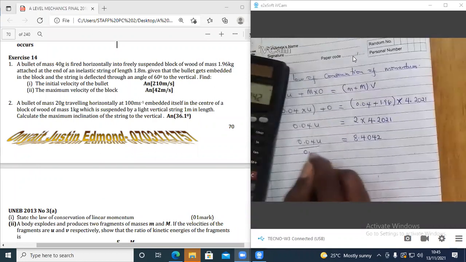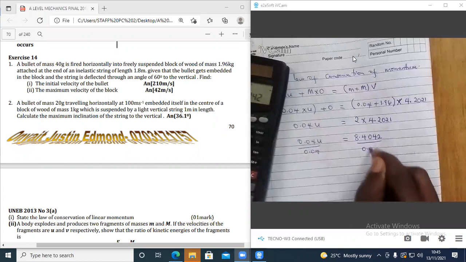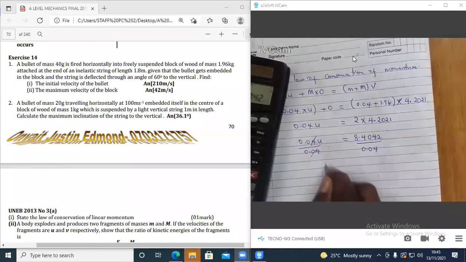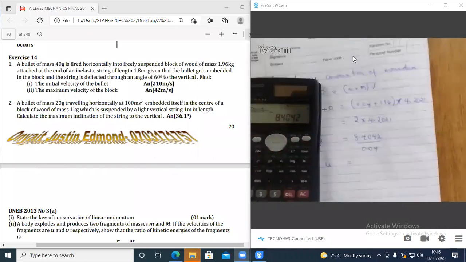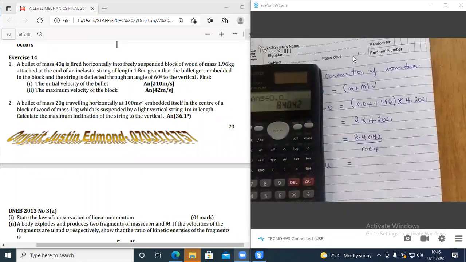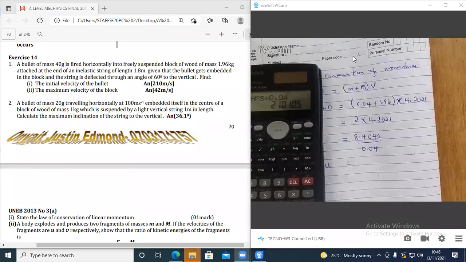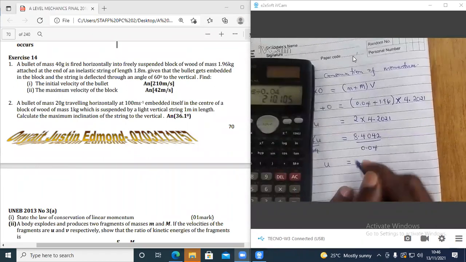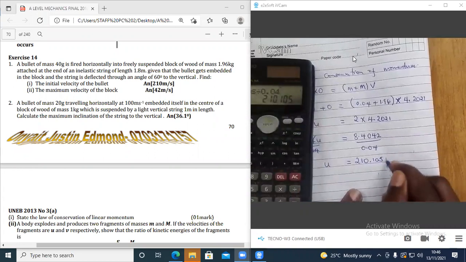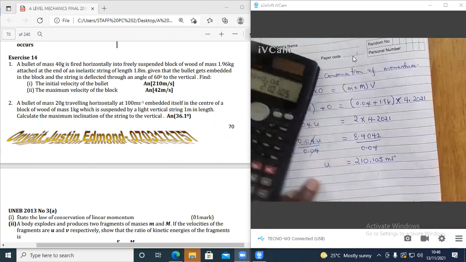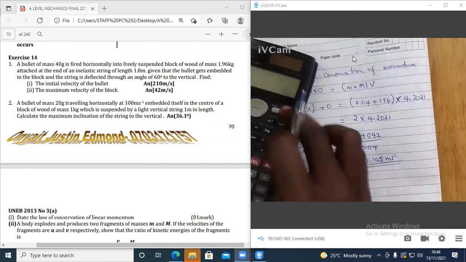So divide all through by 0.04. So our u will be equal to the answer divided by 0.04. What do you have? 210.105 meters per second.